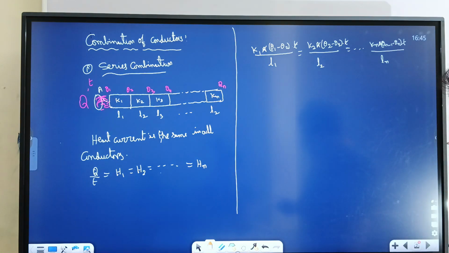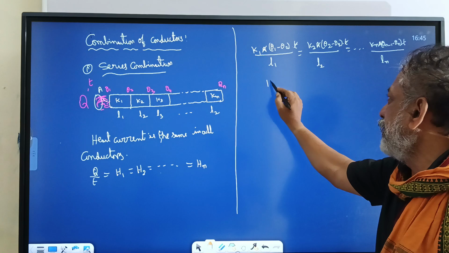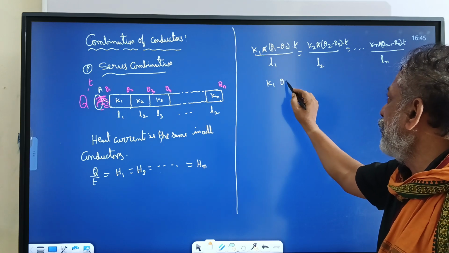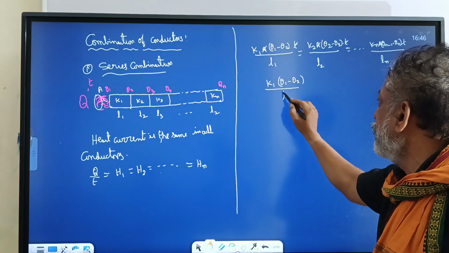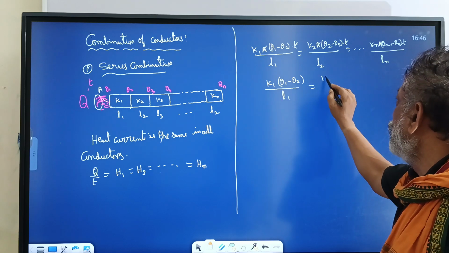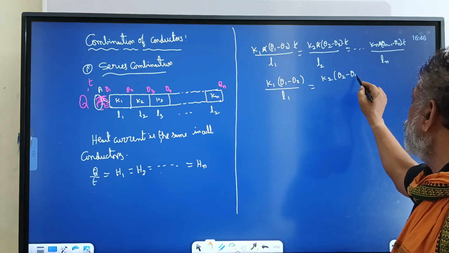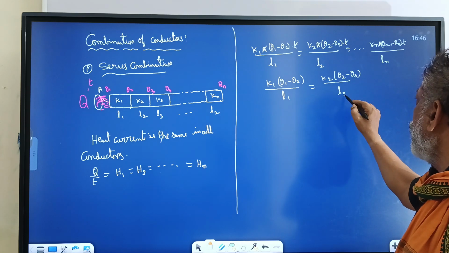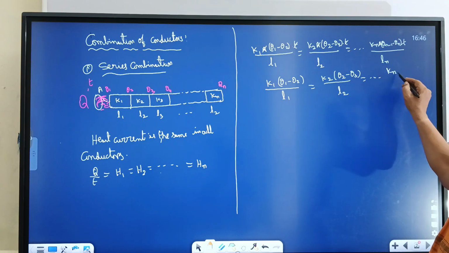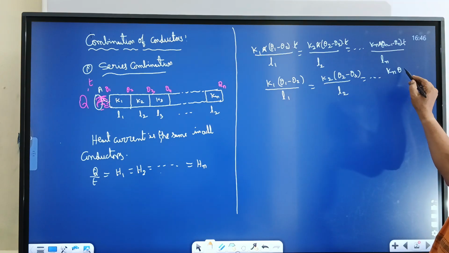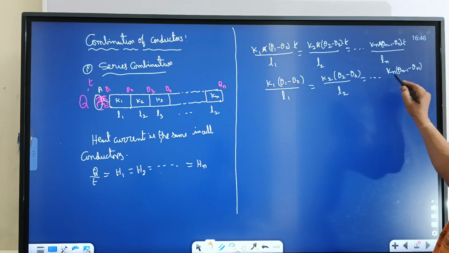Now finally, this is the relation you got: K1 into theta1 minus theta2 divided by L1, equal to K2 into theta2 minus theta3 divided by L2, equal to Kn into theta n minus 1 minus theta n divided by Ln.